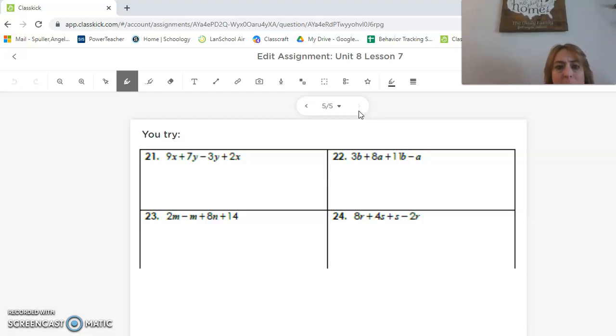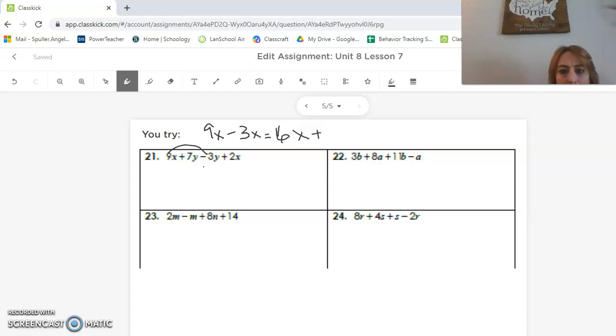Okay, so I can combine 9x with minus 3x. That gives me 6x. So 9x minus 3x equals 6x plus 2x. So now I have 8x, and I still haven't used... Oh, Miss Oakley got that one completely wrong.